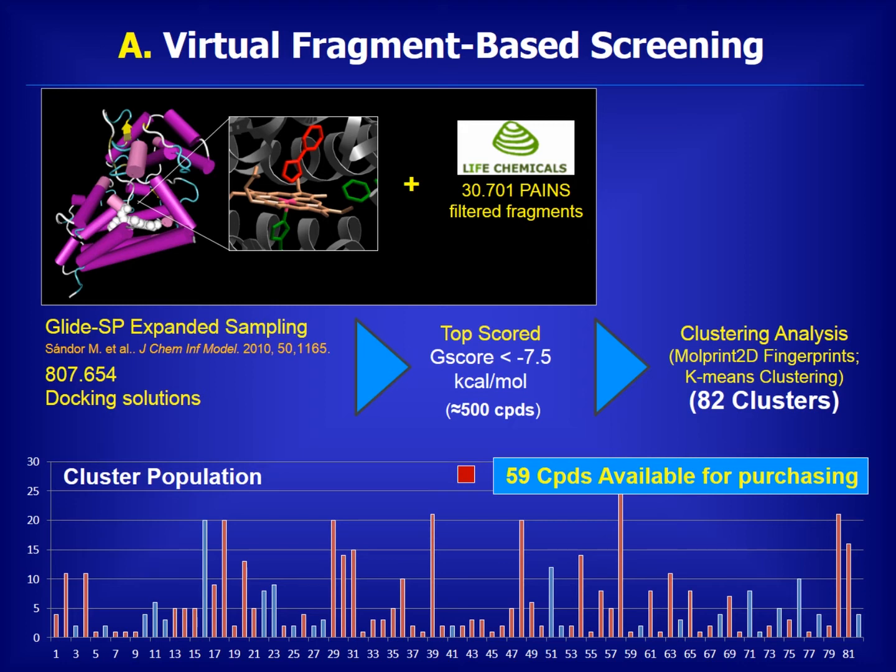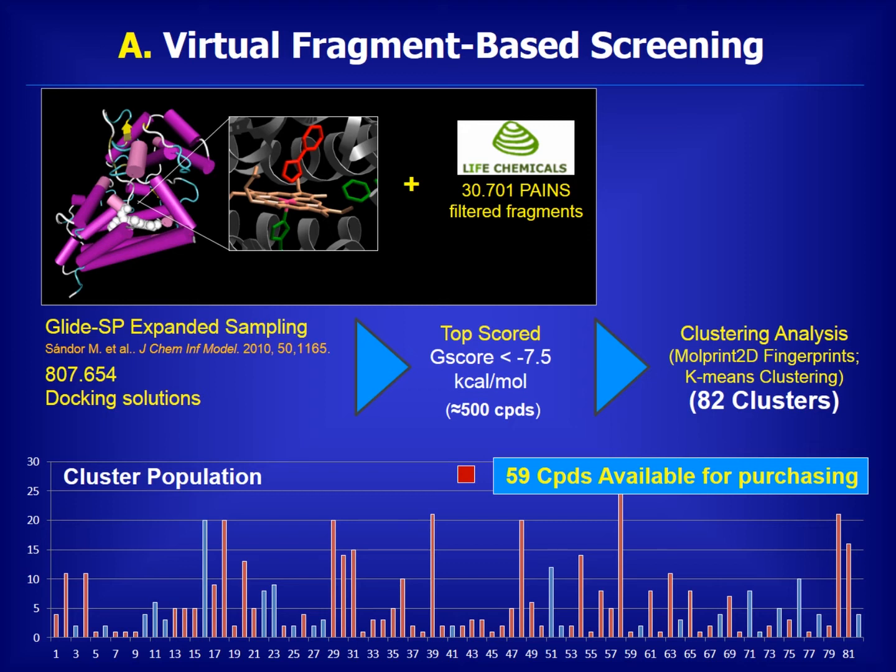Among generated solutions, we selected the most energetically stable poses, those with G-score lower than minus 7.5 kcal per mole.